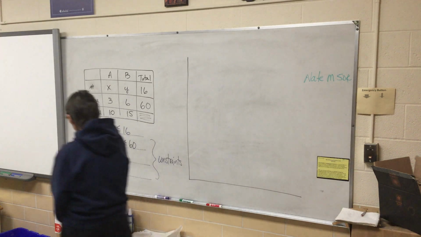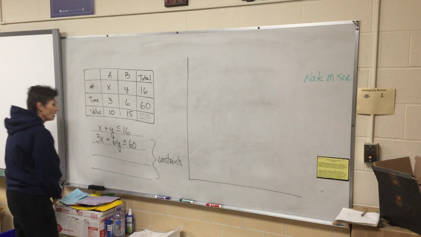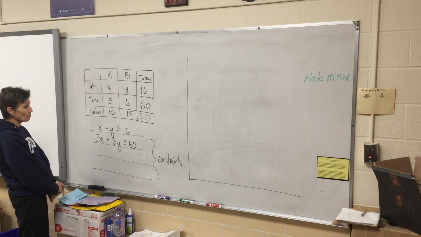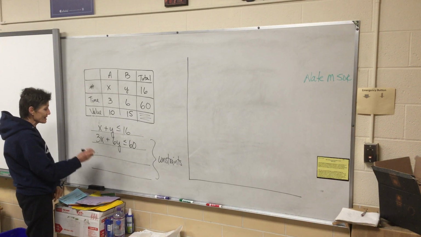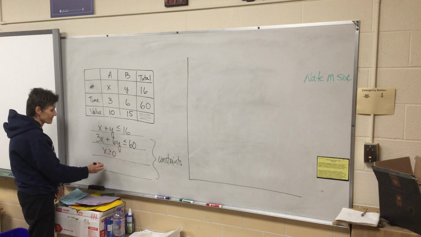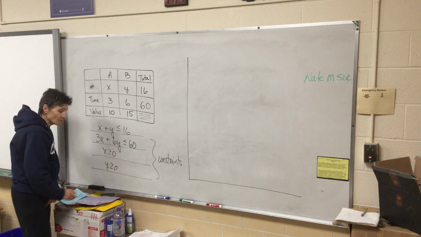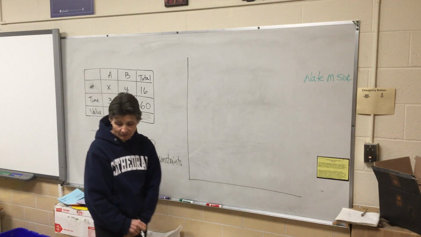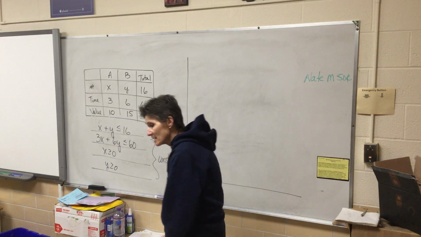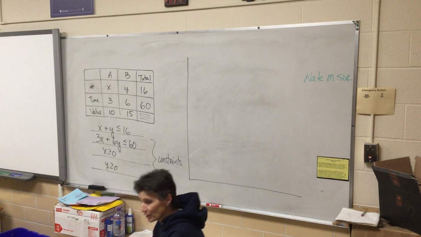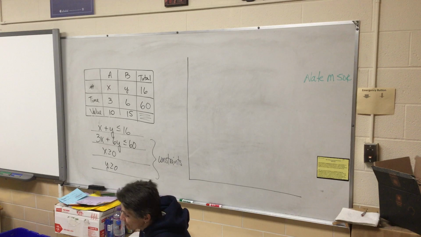Now, there are two more constraints that are almost always in these problems. They're not written down, but they're common sense. X and Y have to be positive because X stands for the number of questions you're going to do. You can't do -4 questions. So X and Y are going to be positive.